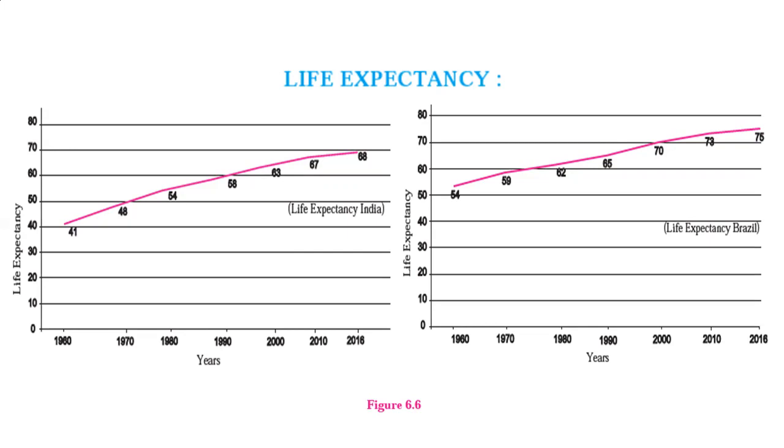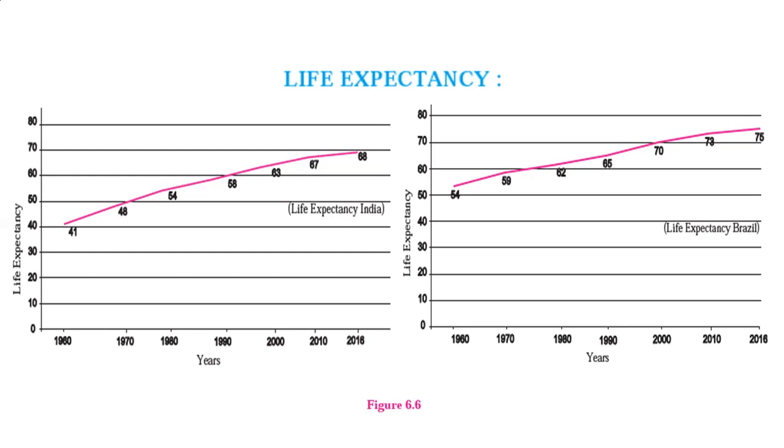But in 2016, this has increased to 68 years. So both the countries have shown an increase in life expectancy. But the rate of life expectancy is higher in Brazil as compared to India.